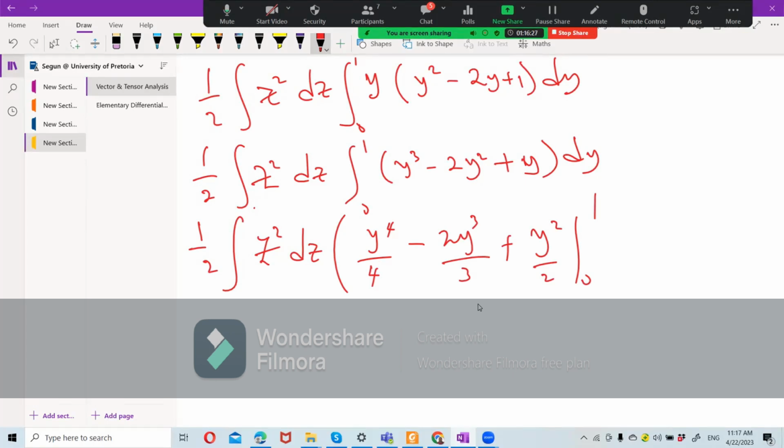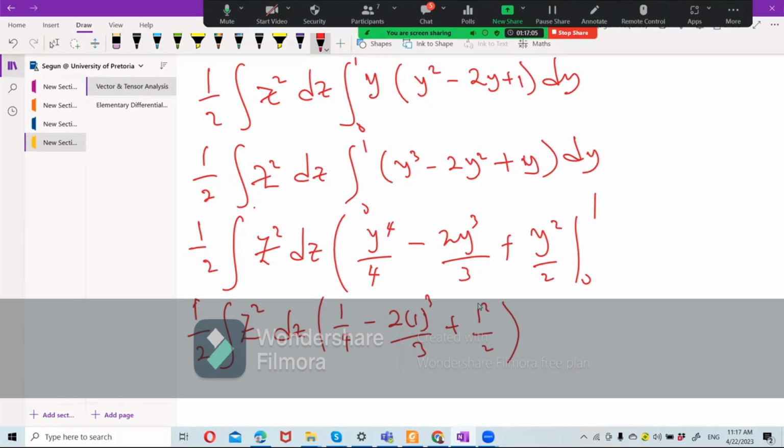So if I substitute the value here now, remember, anytime you are working, you will be getting a value. If you are not getting a value, you get related alphabet or variables that we are working on. So it's going to be z squared dz. So let's solve this one. I have 1 over 4 minus 2 into 1, so plus 1 squared over 2.